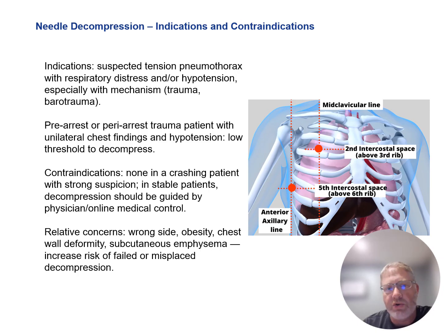But you should be aware of factors that increase the risk of failure or misplacement of the needle, such as patients of size, chest wall deformities, any kind of significant subcutaneous edema, subcutaneous emphysema, and uncertainty about the site or the location of the actual pneumo.